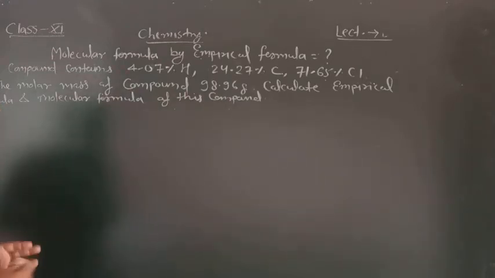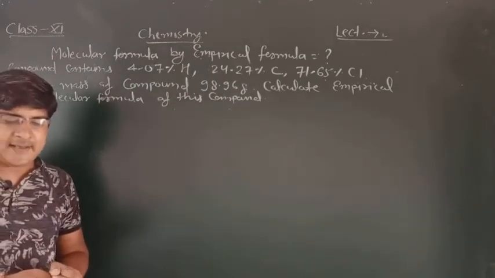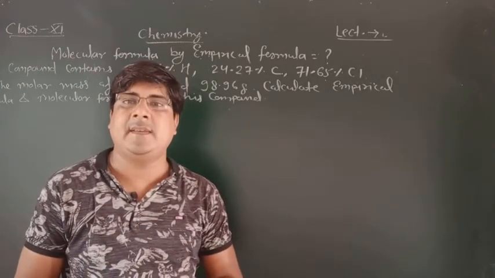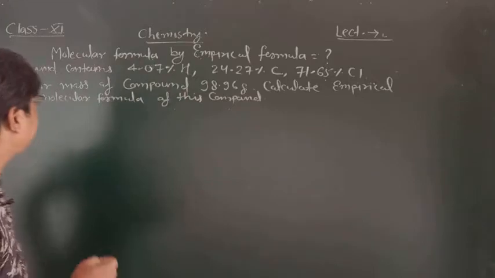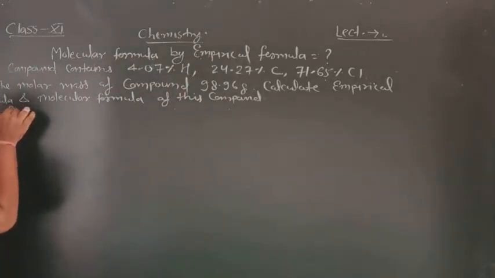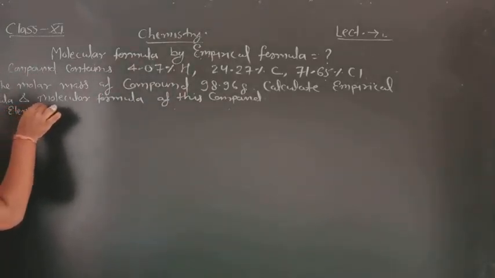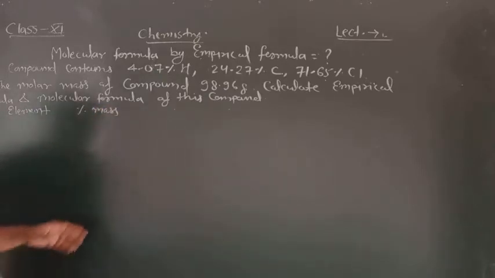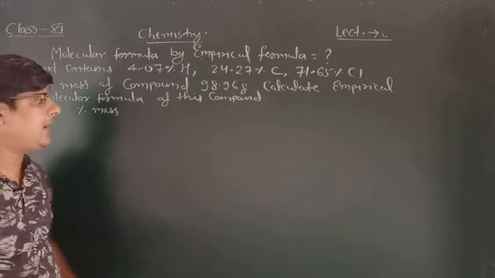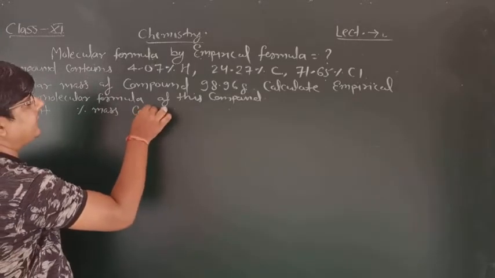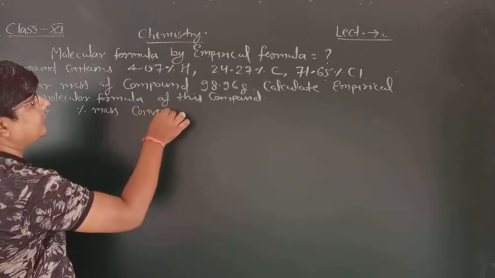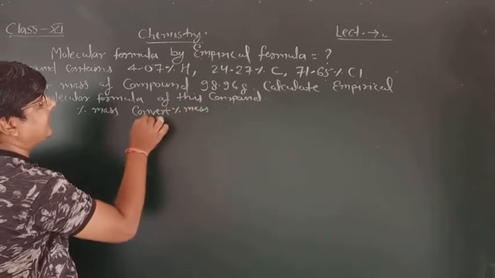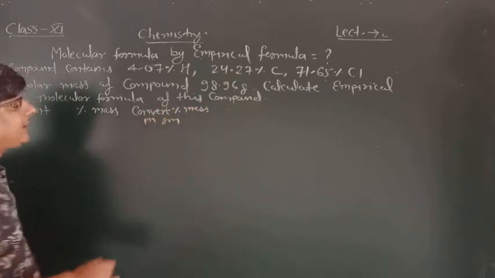First, we will draw a table, and in that table we will write the elements and their masses in grams. Element, percentage mass, then we will convert the percentage mass into grams.